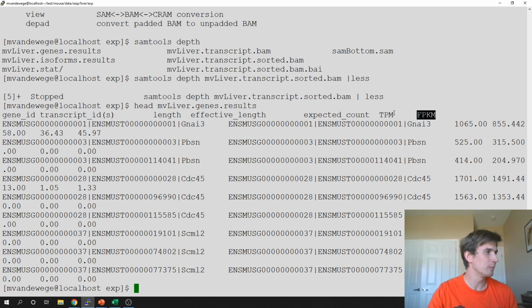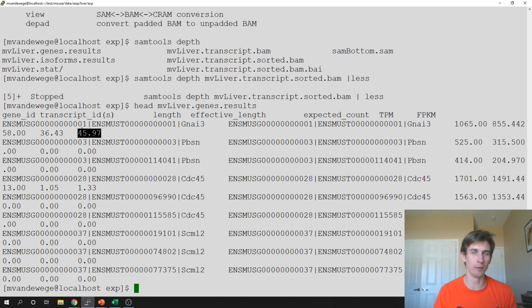And this TPM is also further normalized. What it's doing is that we sum up all of the FPKM numbers, so 45 plus 0 plus 0 plus 1, 1.3, plus all of these numbers to get our total. Then we take this number, 45, and divide by the total number of FPKMs.